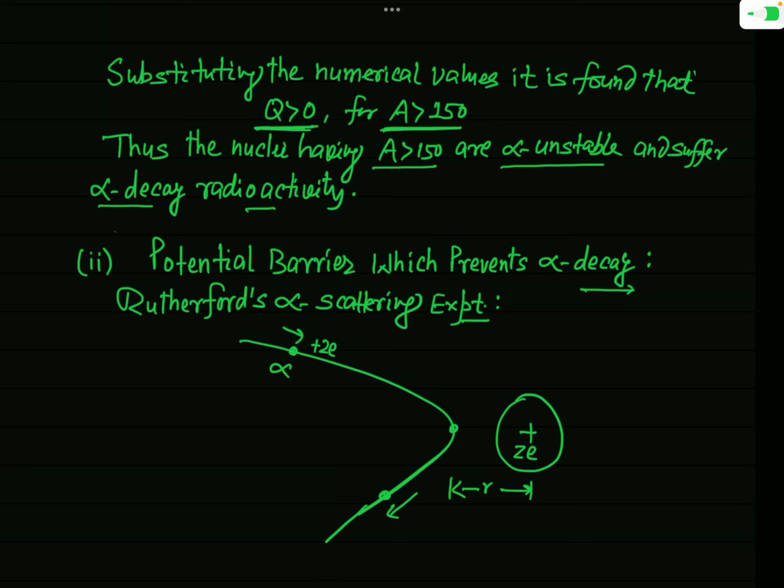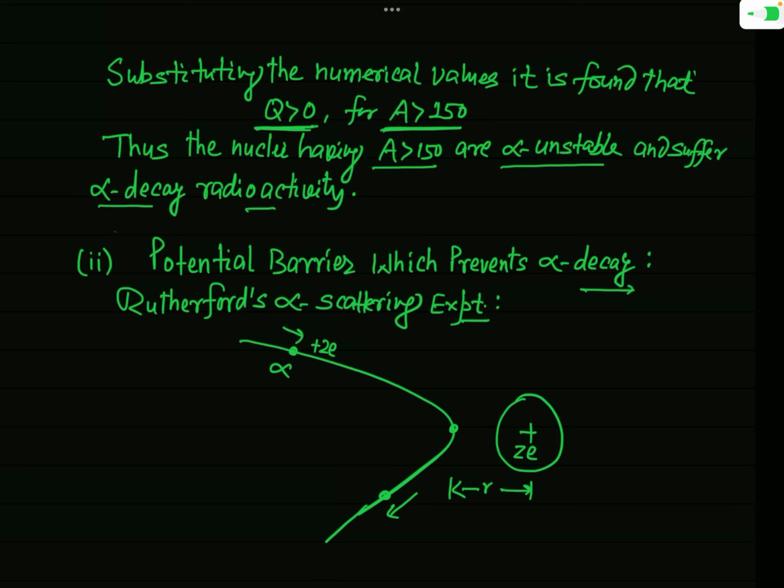Now we are going to see what is the problem behind this alpha decay process. How this process will be explained, we are going to discuss it. For this, first of all, let us consider the famous experiment performed by Rutherford, which is called the alpha scattering experiment.